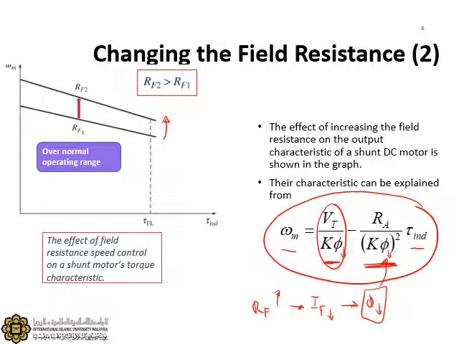The gradient becomes larger, but it's negative, and that's why on the graph you can see the second line on the top is steeper compared to the first line at the bottom here. So this is how changing the field resistance will have an effect on the output characteristics of this shunt DC motor. On the next slide, we will see what is the thing that we need to watch out for.